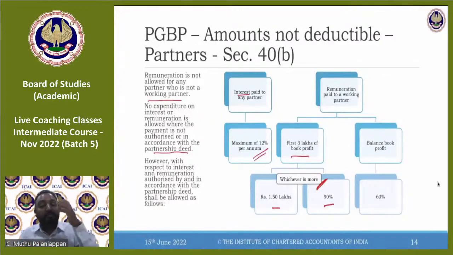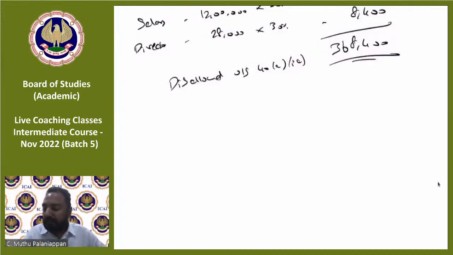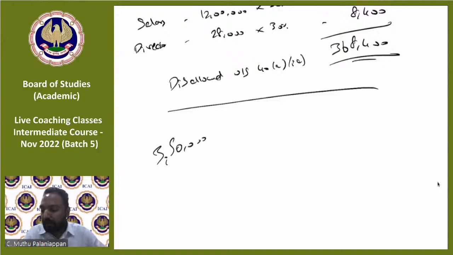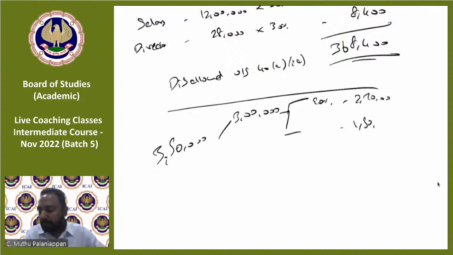So if your profit is more than 3 lakhs, what will happen? Let's say my profit is 3.5 lakhs. For the first 3 lakhs, you take 90%, that is 2,70,000, and then you have a limit of 1,50,000.